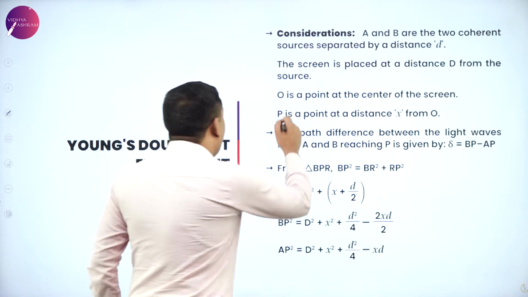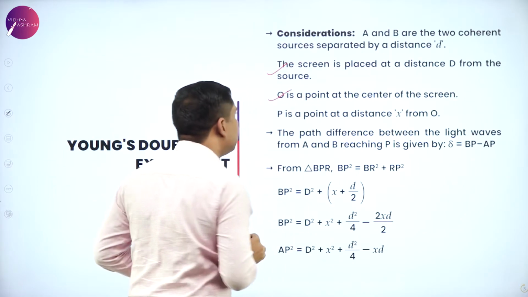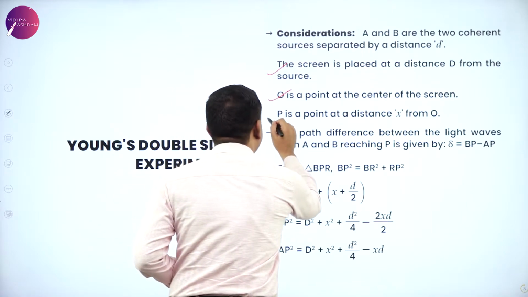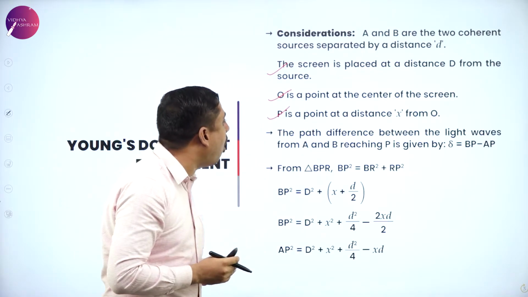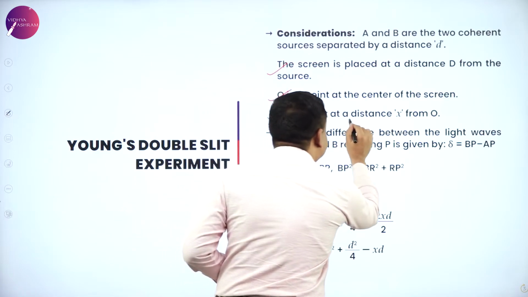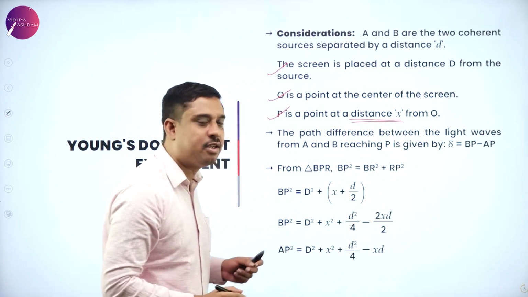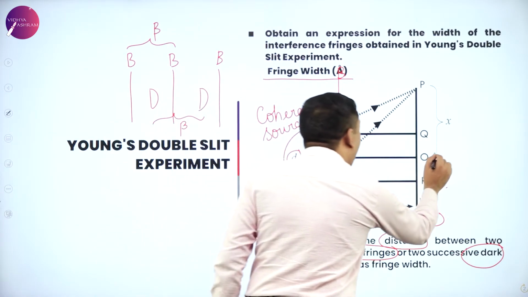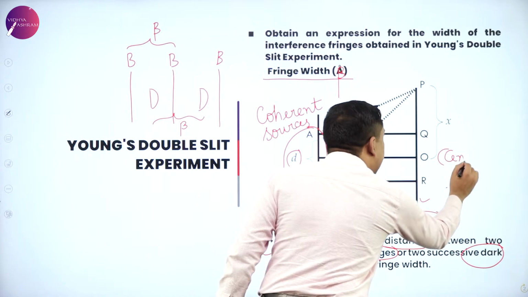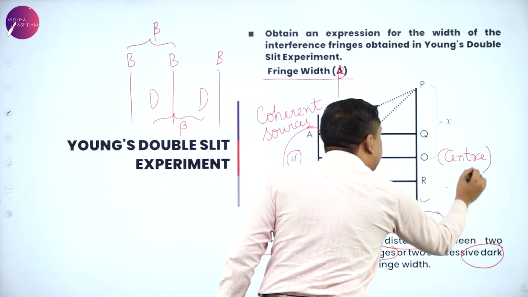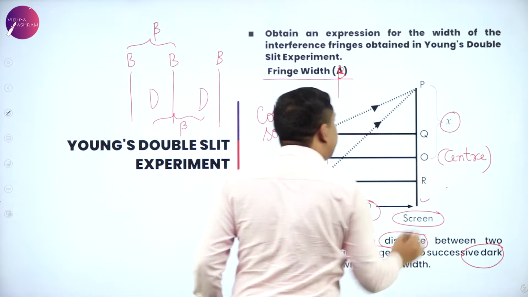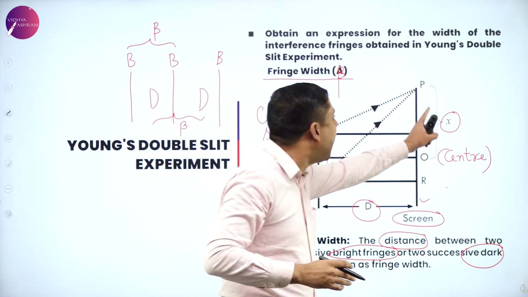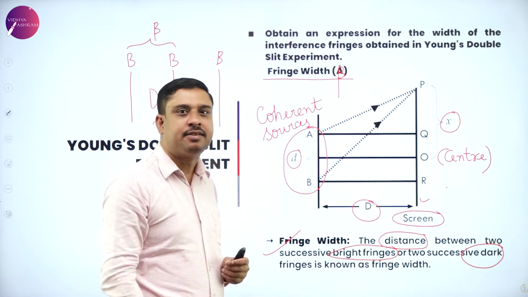Now, O is a point at the center of the screen and P is a point at a distance x from the center. If you observe the diagram, O is a point at the center of the screen and P is a point at a distance x from the center.